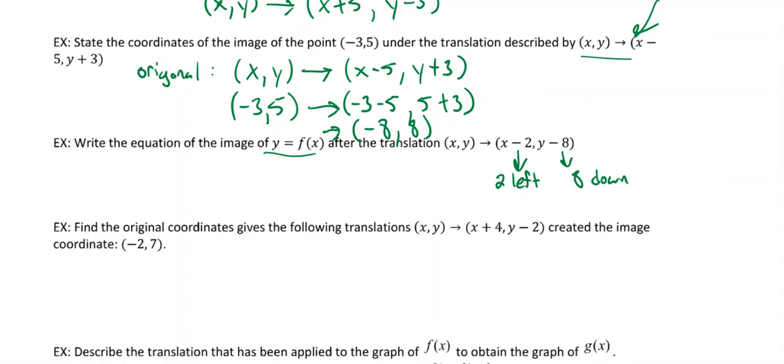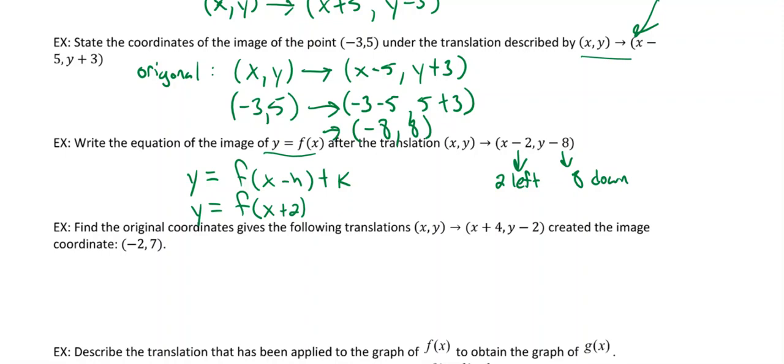So into the equation, it's just y is equal to, and we'll do f of x minus h plus k. So this will just be y is equal to f of, and then what's it going to look like? It'll be x, so if it's moving 2 to the left, x plus 2.